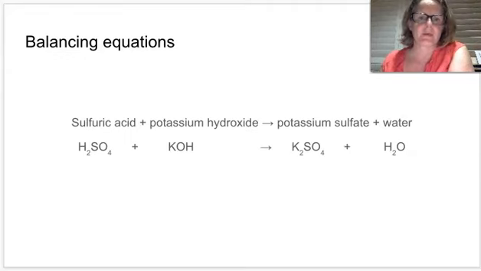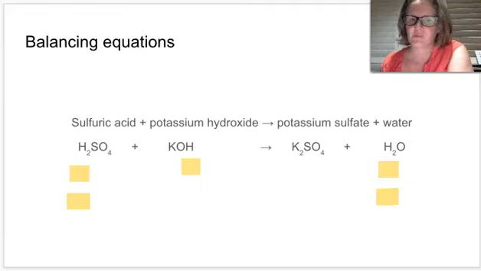So let's have a quick count of what's going on. Let's have a look at the hydrogens. We have 1, 2, 3 hydrogens on the left, and we have only 2 hydrogens on the right. So this is a problem.